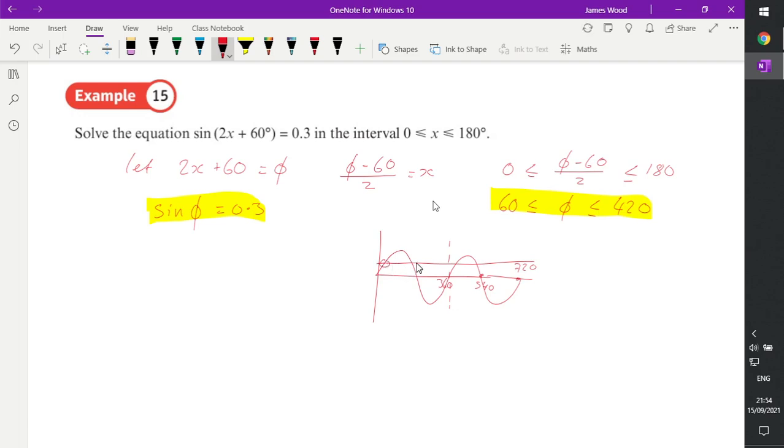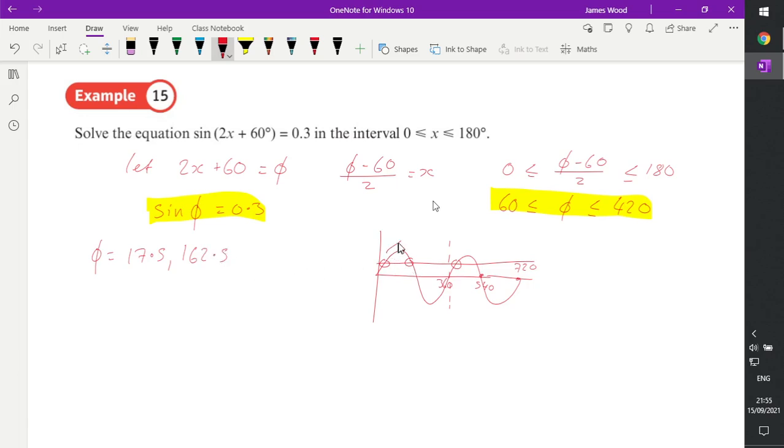So we're going to get that one, and maybe this one, but depending on what value it is, if it is actually less or more than 420, we will see. So inverse sine of 0.3. My first solution is 17.5. The next one I can get by doing 180 minus my answer, just using those normal symmetry rules we learned a couple of lessons ago. So there's the first two.